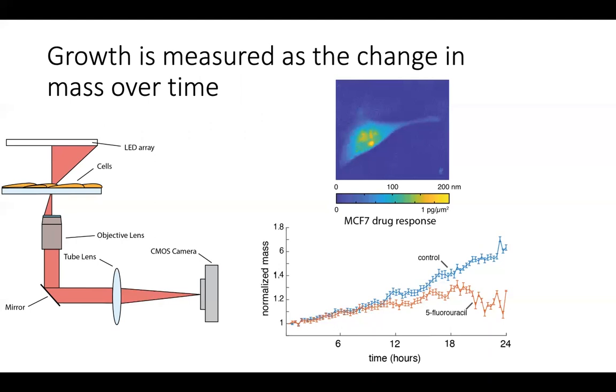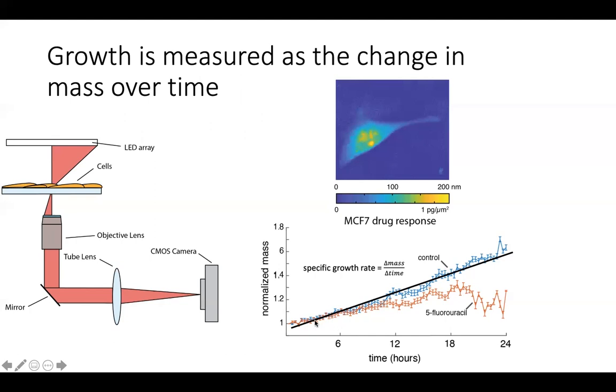This way, every cell starts out with a mass of 1 and will continue to gain mass throughout the experiment until it doubles in mass and eventually divides. To compute the growth rate, we fit a line to this growth curve, and then we use the slope of this line as the specific growth rate, which has units of 1 over hour, because this is the slope of a normalized mass, so it is not in picograms, it's just in arbitrary units.